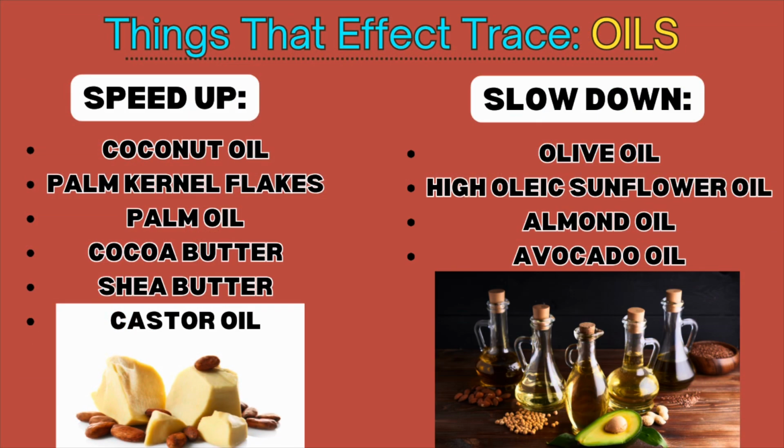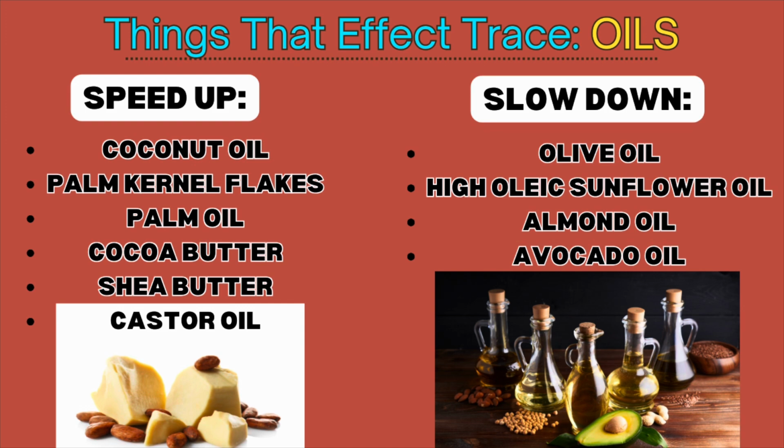Some oils that I decided to include here so you could get a snapshot of some of the common oils and what they might do. The ones that might speed up your recipe are those hard oils like coconut oil, palm kernel flakes, palm oil, cocoa butter, shea butter. Castor oil is a unique one in that even though it's soft, it will definitely speed up if used in a high percentage in the recipe.